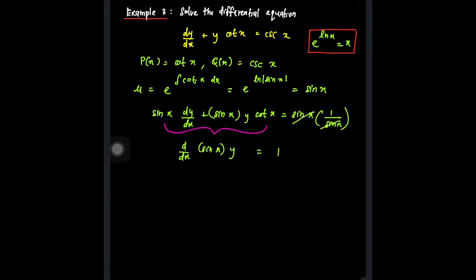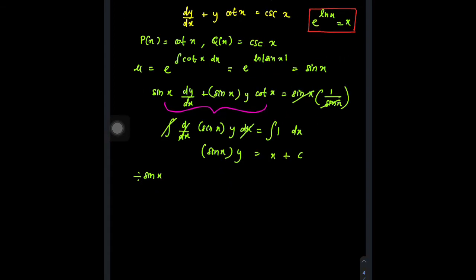The next step is you have to integrate both sides with respect to x. So integrate both sides, cancel out this one. On the left hand side, what is left is only sine x times y is equal to x plus c. Then we divide both sides by sine x.